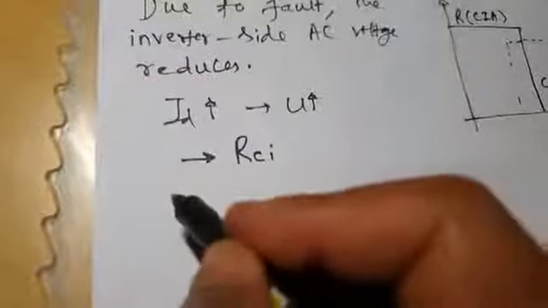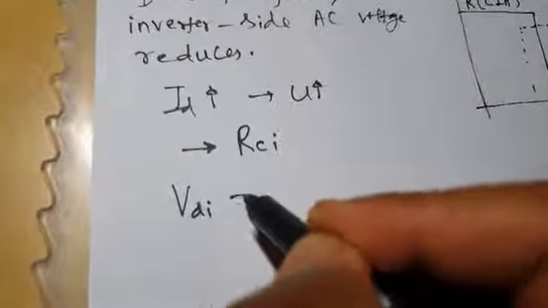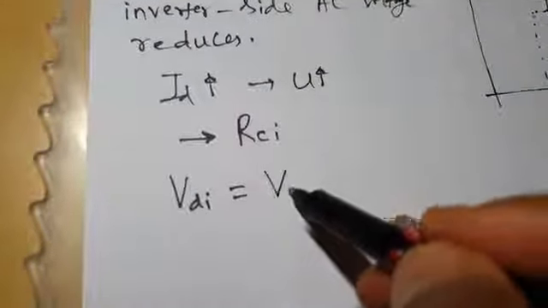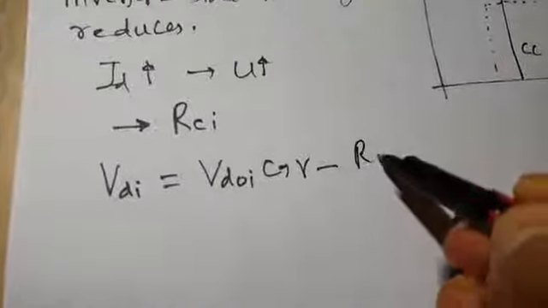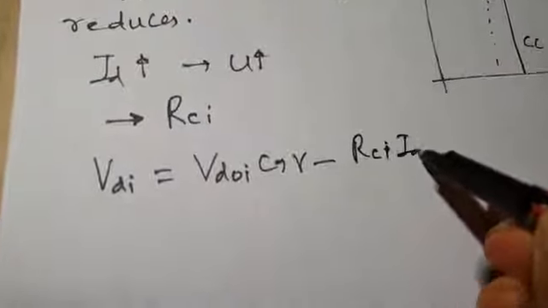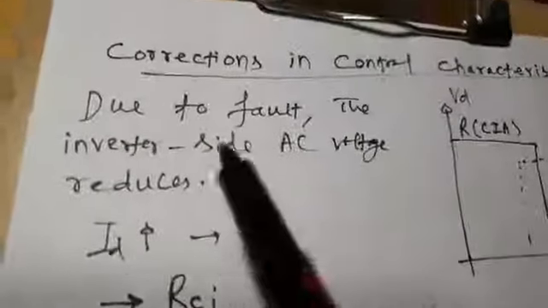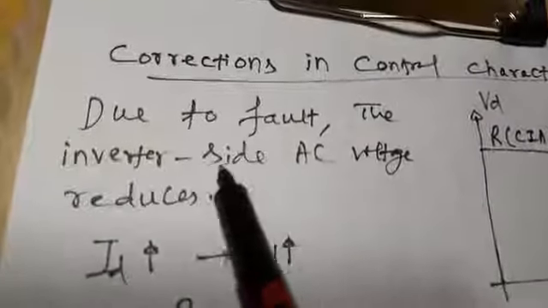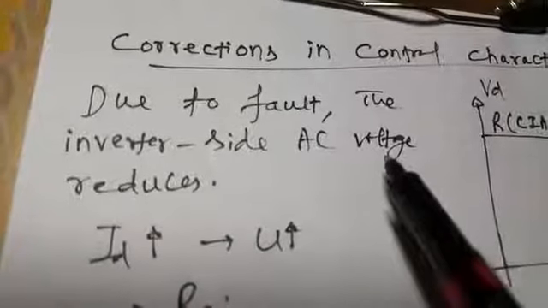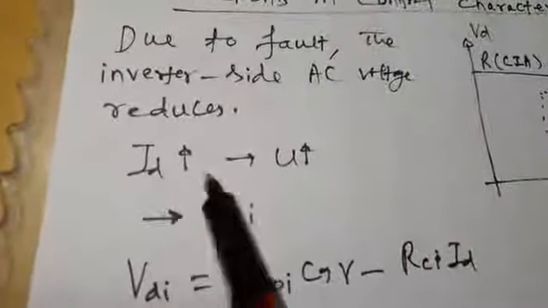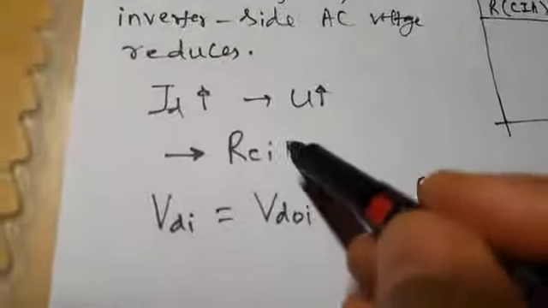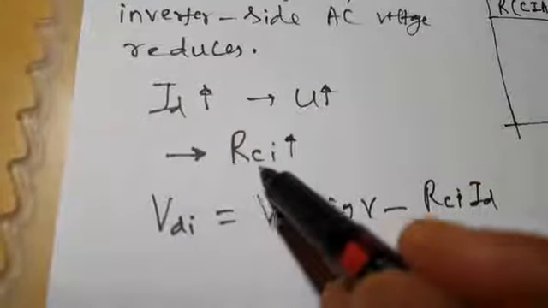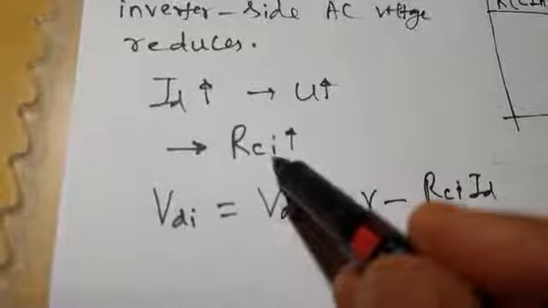Now we know that inverter output voltage VDI is equal to VDOI cos gamma minus RCI into ID. Since the inverter side AC voltage has decreased due to some fault, ID has increased. Because of the increase in ID, U has increased, and in the electrical equivalent circuit, RCI has increased.